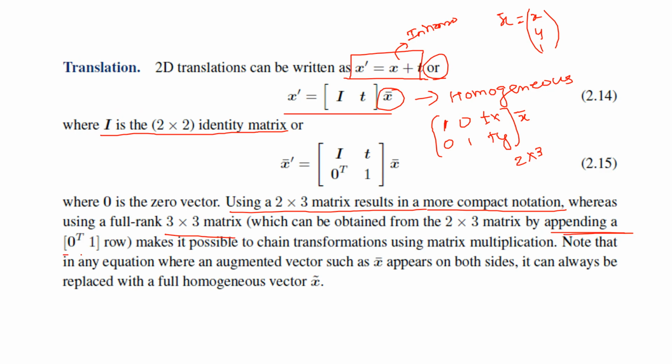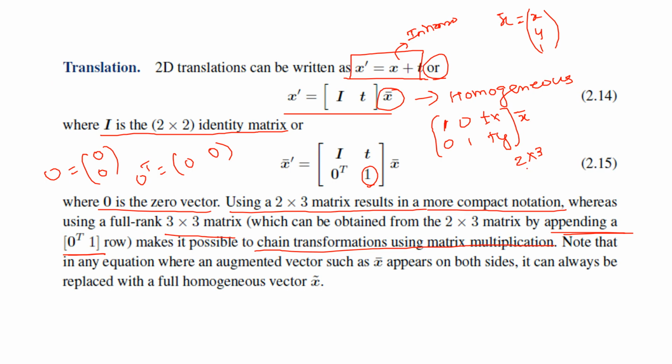How? We are just appending a 0 transpose and 1, where 0 is nothing but a 0 vector. 0 transpose means 0 and 0, and additionally we are adding 1. When compared to 2 cross 3 matrix, this 3 cross 3 matrix is better for performing chain transformations using matrix multiplication.